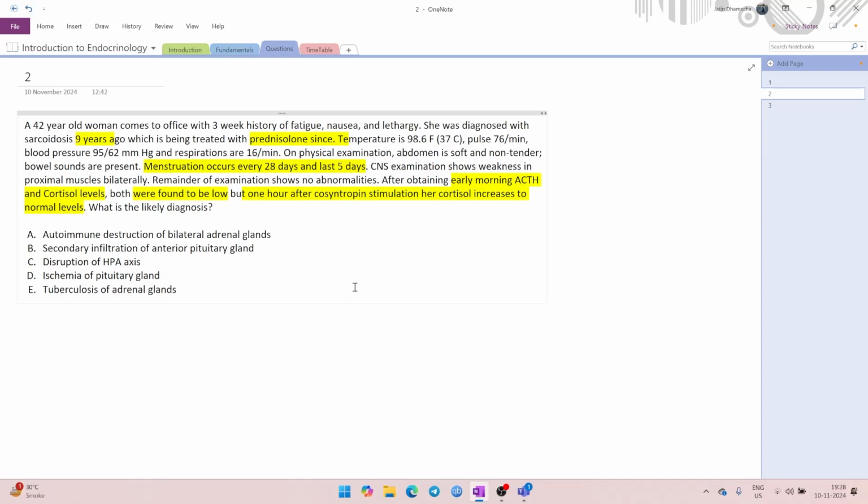Is it primary? Is it secondary? If it is primary, then what is the cause? If it is secondary, then what is the cause? That is how you proceed. Now, what are the risk factors? What are the etiologies for secondary adrenal insufficiency, and what are the risk factors for primary? That is what you need to know in order to answer this question.